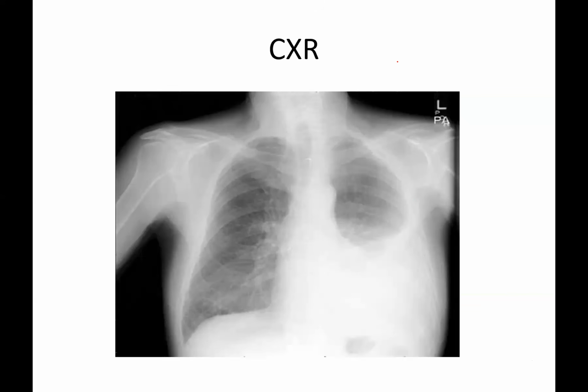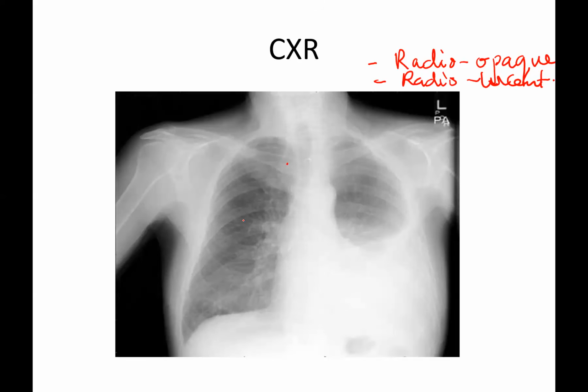White shadows are called radio-opaque, while dark shadows are described as radiolucent. So the bones here are radio-opaque, while the lung is radiolucent.